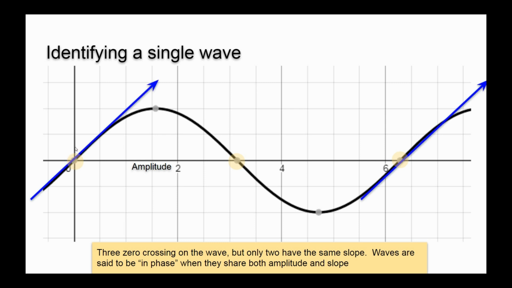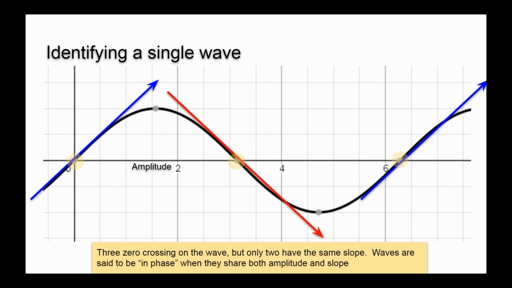The ones on the far left and the far right, not only is the wave crossing zero, but if you're plotting it, this is a positive slope here. The local slope of the wave there and over here at time 6 are positive slopes, where in between the other zero crossing, yes, the height of the wave is zero, but it's on its way down. It's a negative slope.